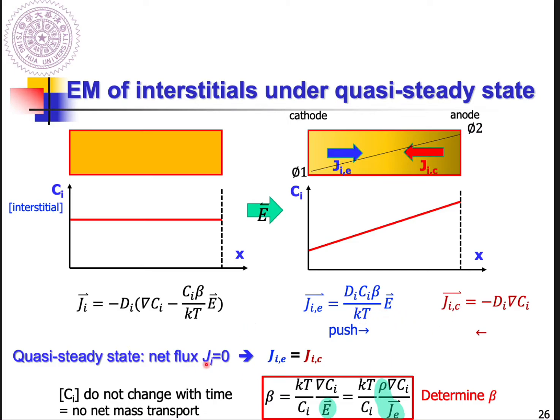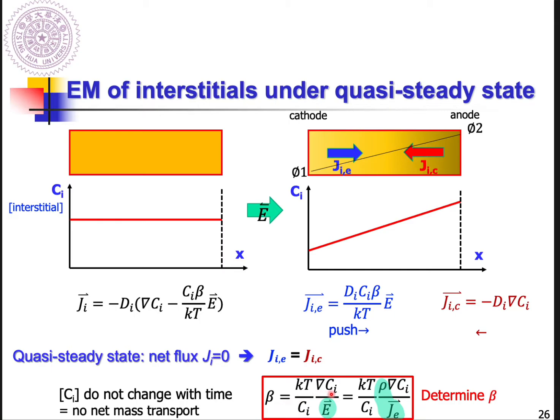That means the net flux equals 0. As long as the material reaches this quasi steady state, then you can calculate the beta by what?